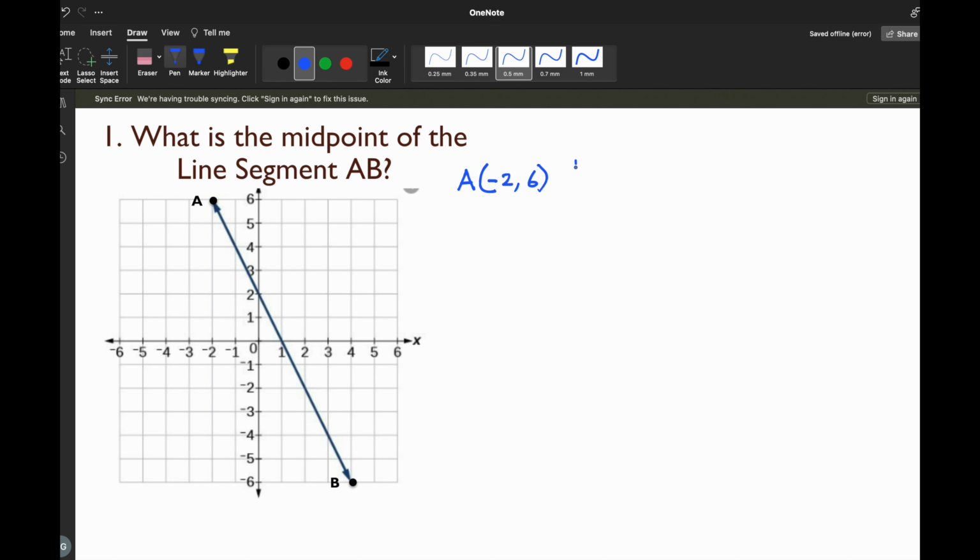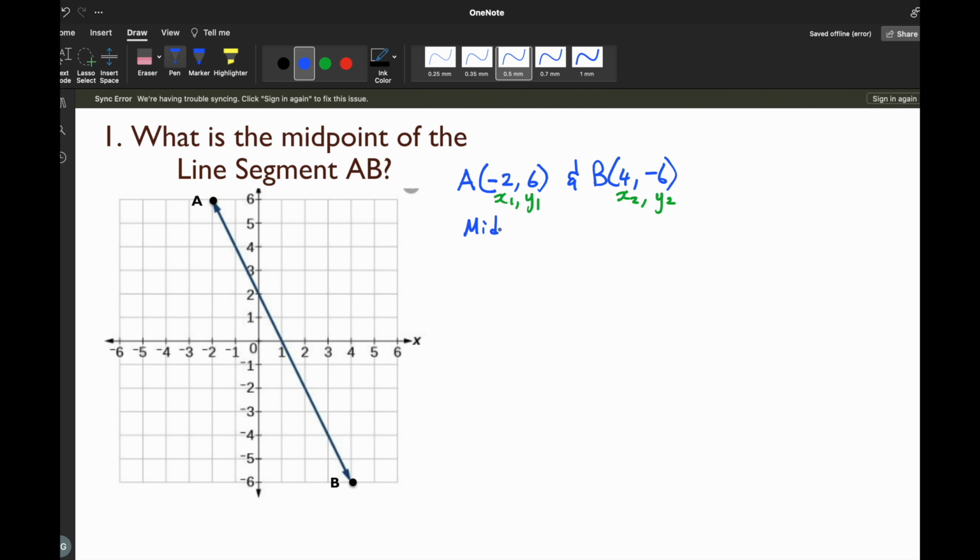And what about B? 4, minus 6. Good. So just like what we do when we are trying to calculate the gradient, we label these as well. So for instance, this would be x1. Here would be y1. This would be therefore what? x2. And this other one here would be what? y2. Good. So now that we have x1, y1, and x2, y2, we can use our formula for the midpoint.